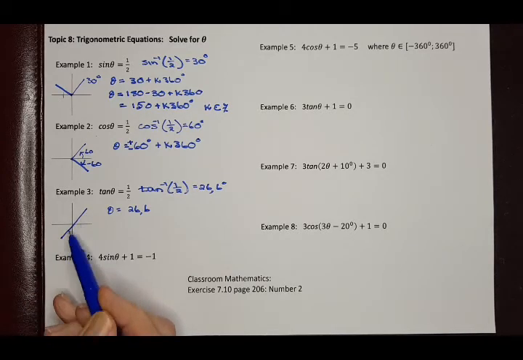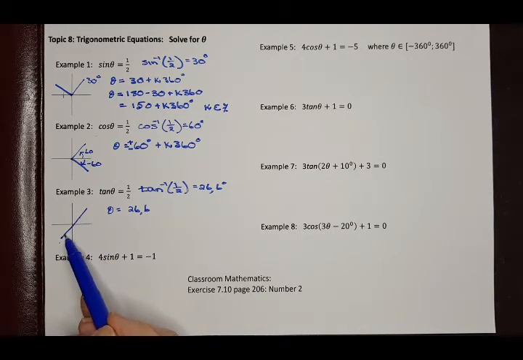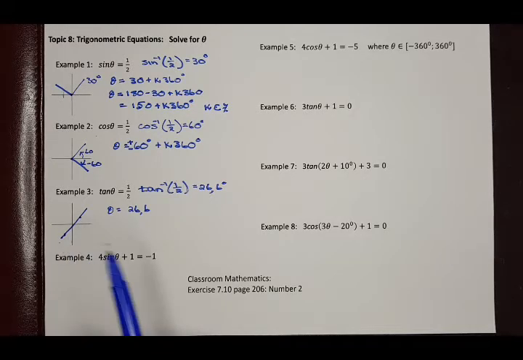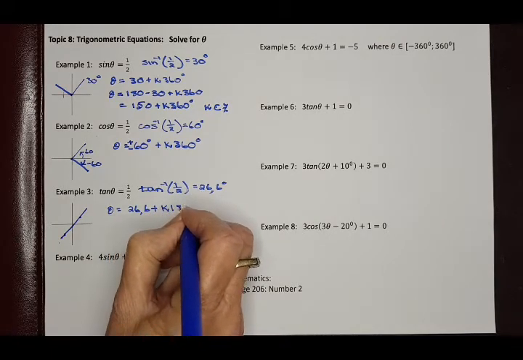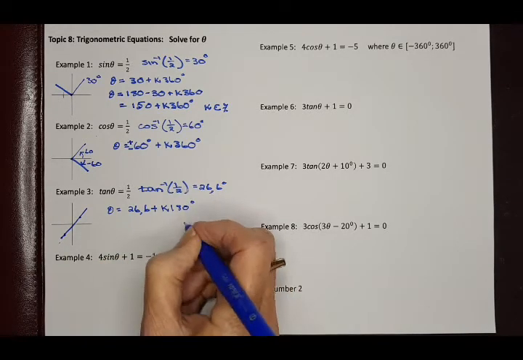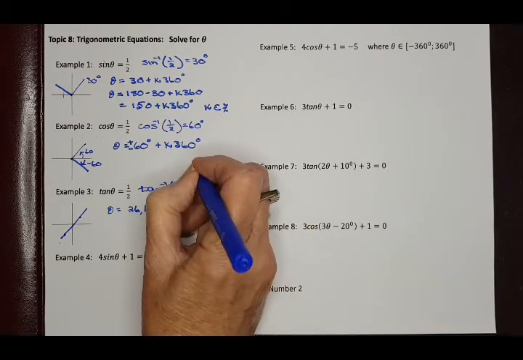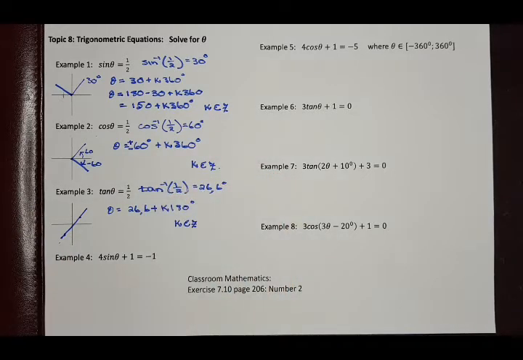But if you look at these answers, it's actually easier to say 26,6 plus 180 gets me there, plus another 180 would get me there, plus another 180. And so for tan, when we solve that tan trig equation, we are going to say it's 26,6 plus any integer multiple of 180 degrees. And for each one of these sums, we need to write that our k value is an element of the set of integers.